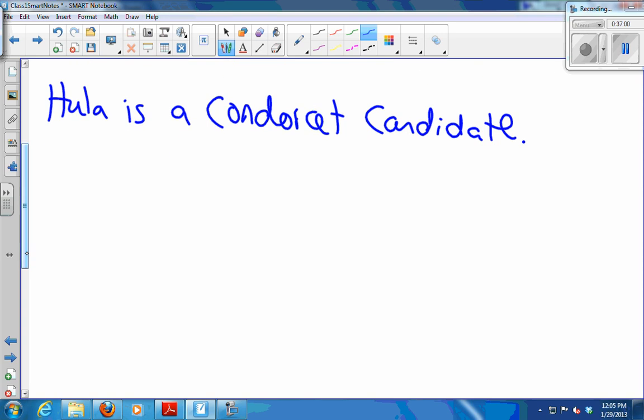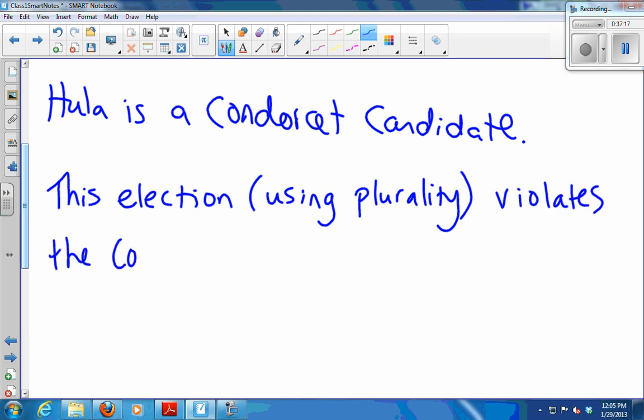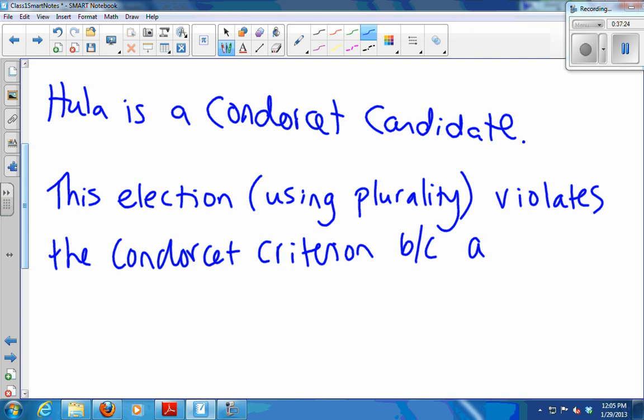Okay. So this election, using the plurality method, violates the Condorcet criterion, because a Condorcet candidate lost.